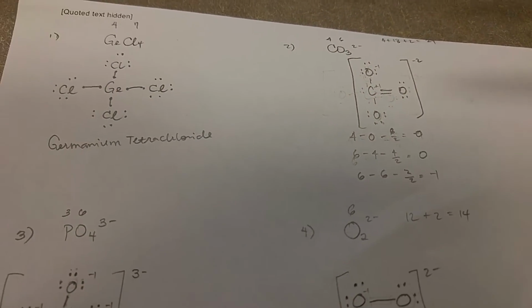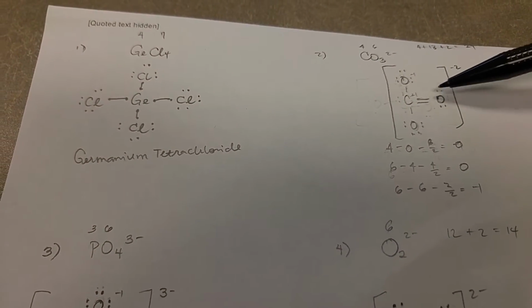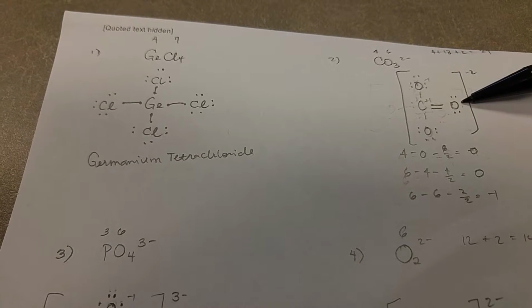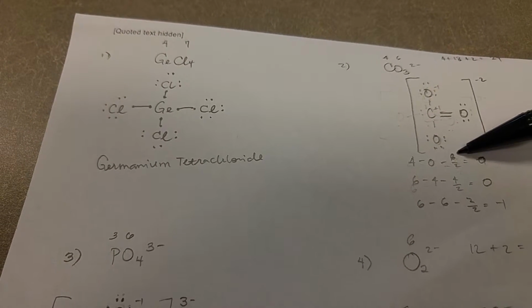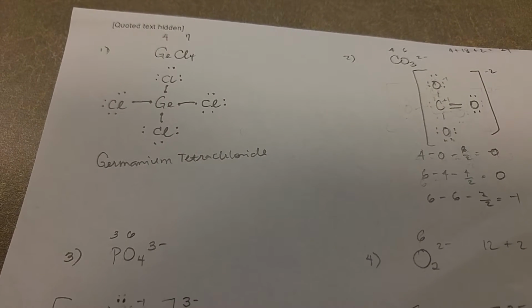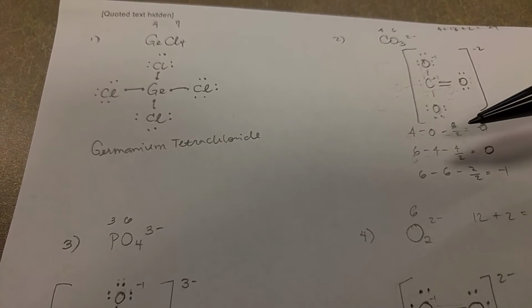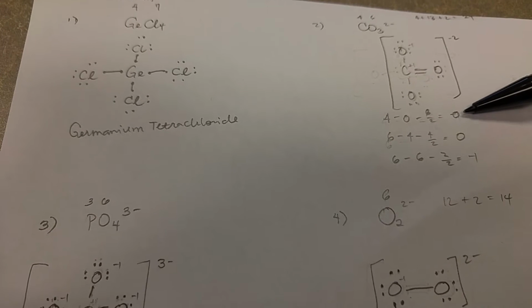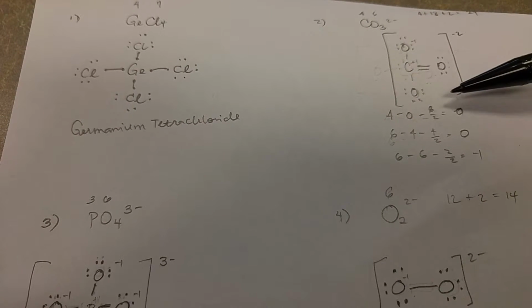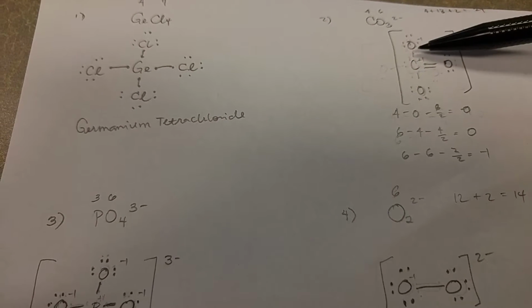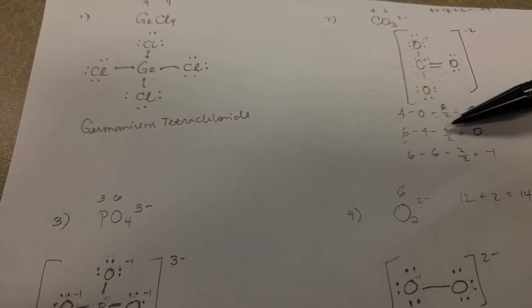Sorry about that. But when I created a double bond with this oxygen atom, it gave me 6 bonding electrons, which when divided by 2, you arrive at 0. So I have 0 here, which is stable.